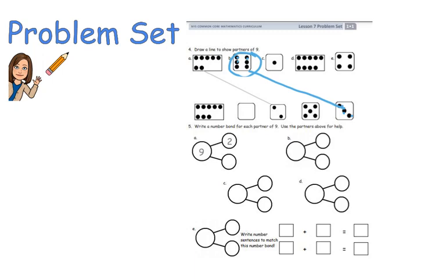Okay, our next problem says, write a number bond for each partner of 9. Use the partners above for help. So you're going to use the partners that you drew up in number 4 to finish these number bonds. Okay? So the A down here goes with A up here.